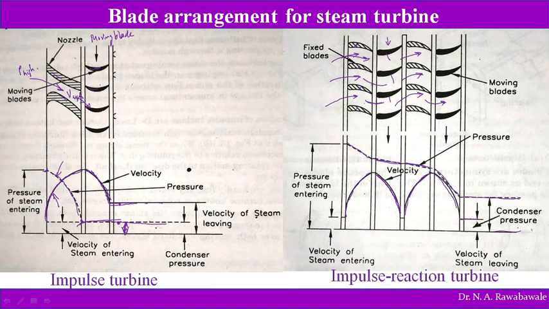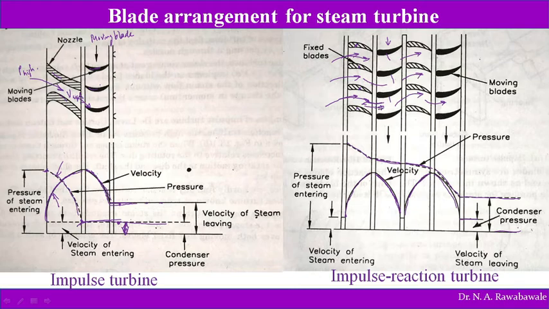In the case of an impulse reaction turbine, it acts as an impulse turbine as well as a reaction turbine. When steam is passed through a fixed set of blades, velocity is increased. This high velocity steam exerts force on the moving blade. At that time it acts as an impulse turbine.